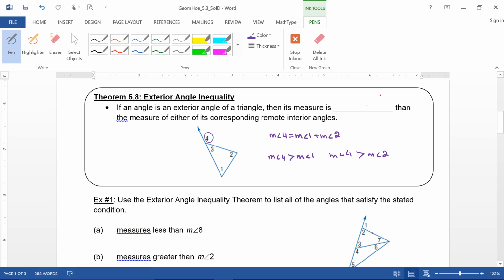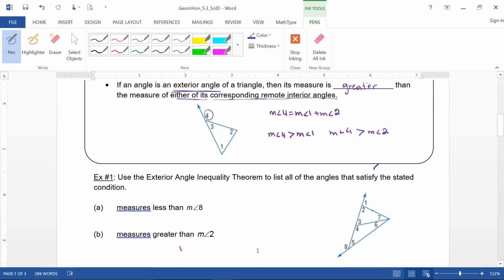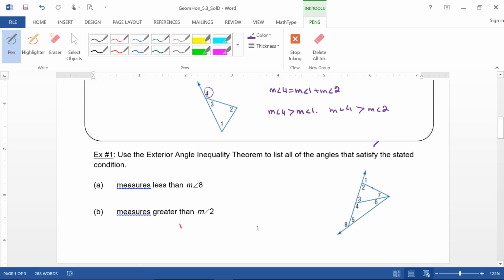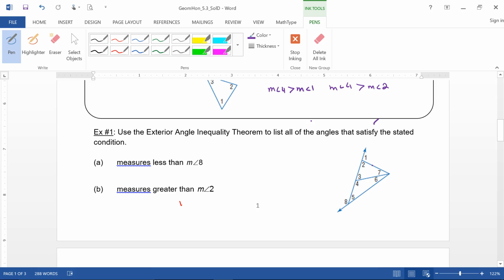So if an angle is an exterior angle of a triangle, then its measure is greater than the measure of either of its corresponding remote interior angles. Okay? Pretty much common sense, but requires proof nonetheless, but we're not going to prove it. You can do it over Thanksgiving.